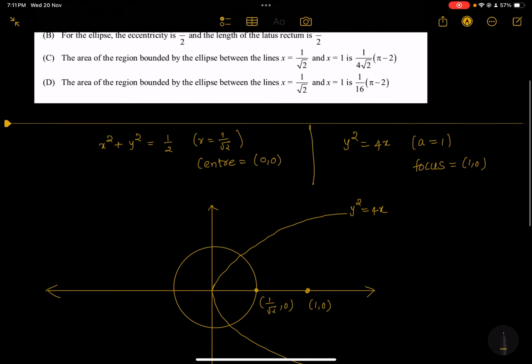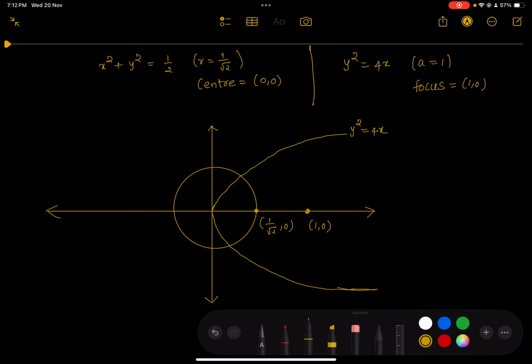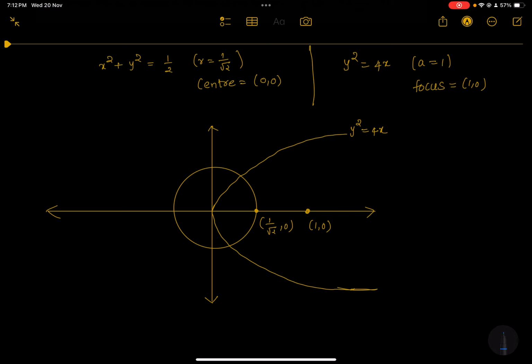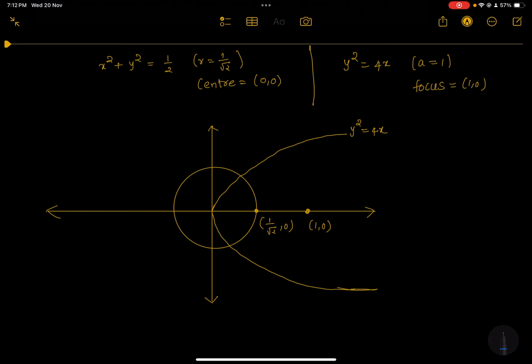Now it is given in the question that there are two straight lines which are tangent to both circle and parabola. So let us draw those straight lines. This is one straight line, let us say it touches the parabola at this point and circle at this point.